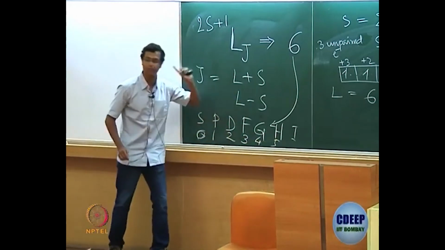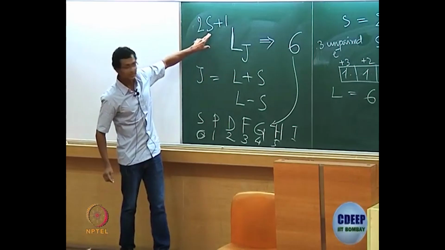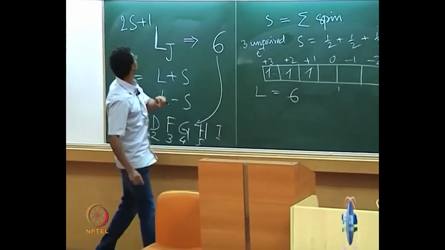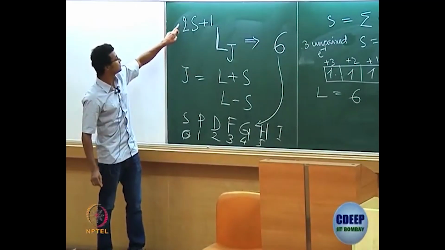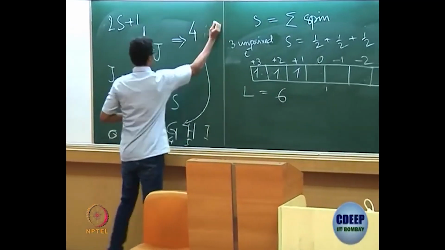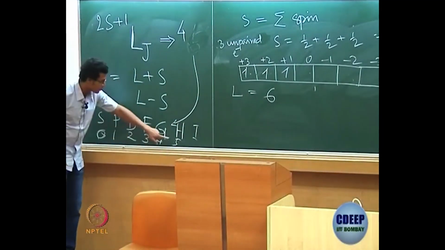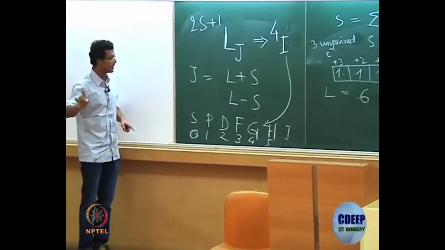Now this capital S, you have learned, is 3 by 2. So 2S plus 1 is going to be 4. And 6 is going to be I. I will come back and explain in a moment.